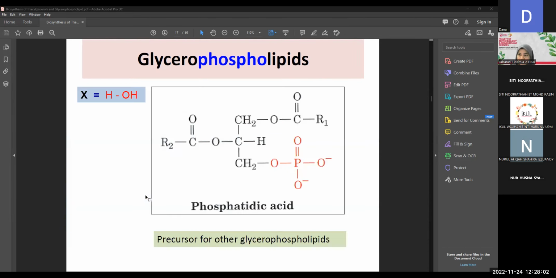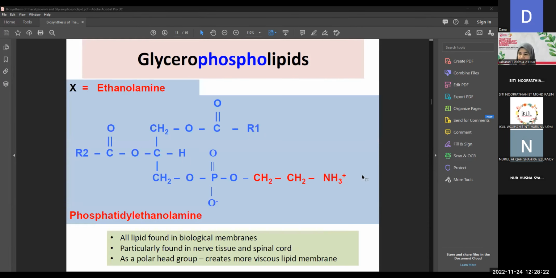If a water molecule attaches to this structure, it forms phosphatidic acid, 1,2-diacylglycerol phosphate. If ethanolamine links to the phosphoryl group at carbon number 3, we have phosphatidyl ethanolamine.